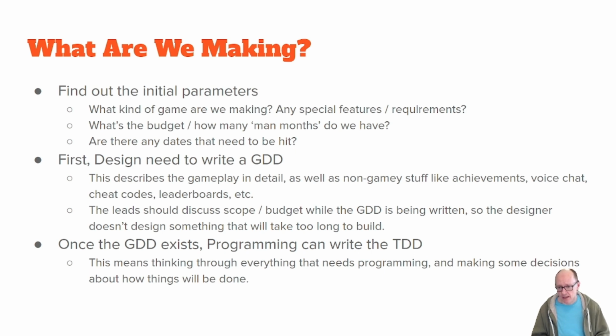And then after that, you need to design the game. So this is where the game designer steps forward and does a lot of work. They write a GDD, a game design document, and this describes the gameplay in detail, as well as non-gamey stuff like achievements, voice chat, cheat codes, leaderboards, etc. Basically, everything that they can define about the game and how it works.